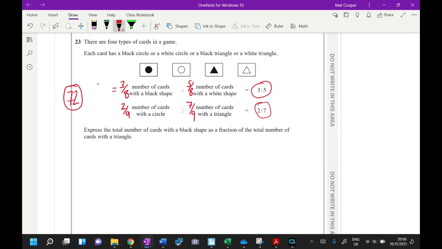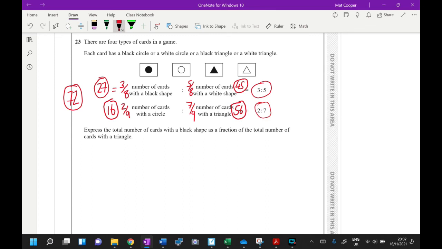So 3/8, that means there are 27 black cards. And 1/8 is 9, so 5/8 would be 45. So there are 45 white cards. Circles, 2/9. Well, 1/9 of 72 is 8, so 2/9 would be 16. And 7/9, therefore, would be 56.